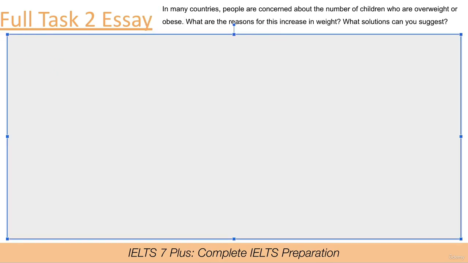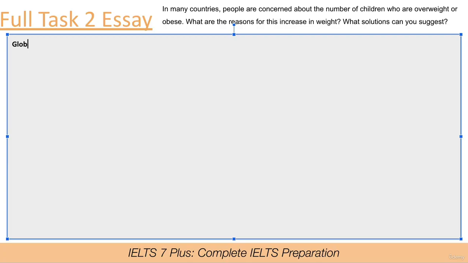Now, we're not expected to paraphrase every single word because we don't want to lose the meaning. So what we can do is simply paraphrase as much as possible while keeping the meaning there.